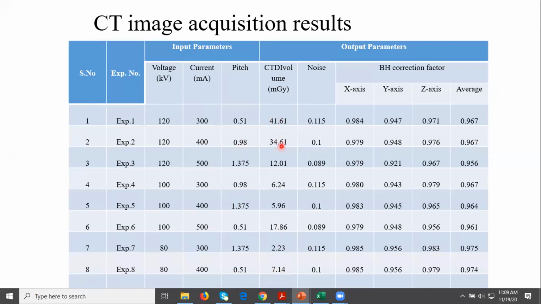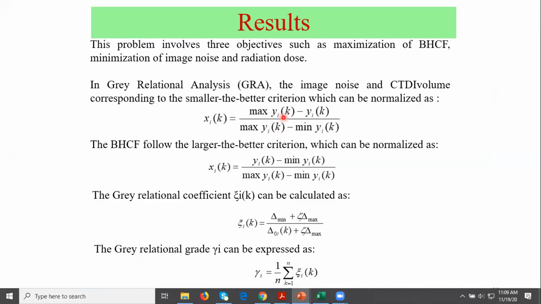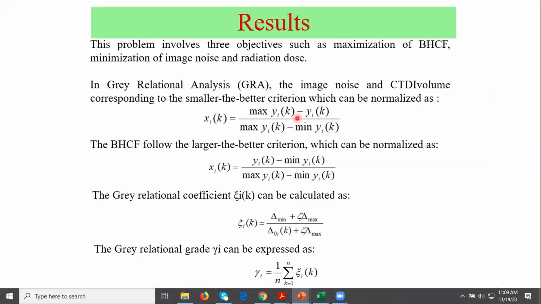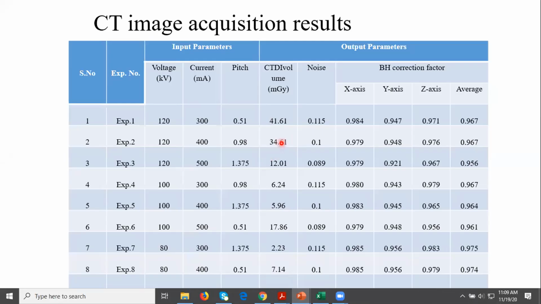Suppose I'm calculating the normalization value for the second experiment. In that case, maximum yik, I'm taking 41.61 minus 34.61. That's why I'm taking the maximum value 41.61 minus the minimum value 2.23.